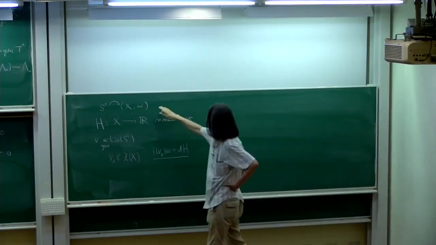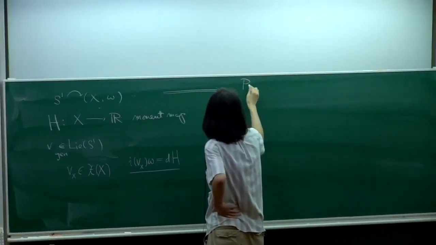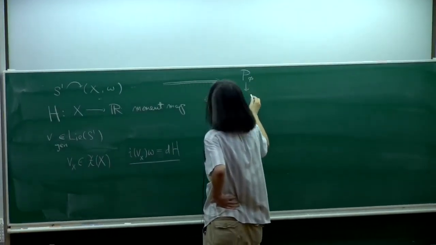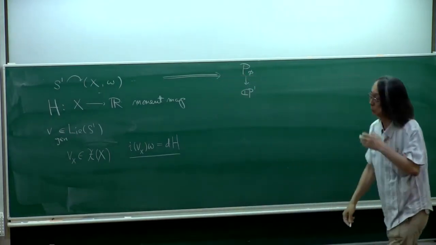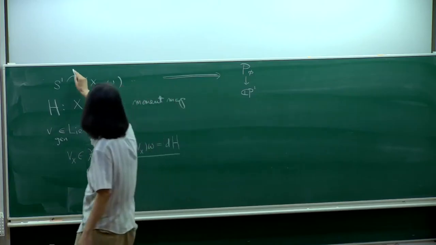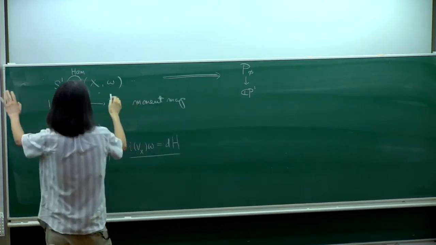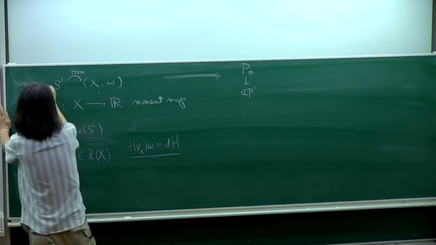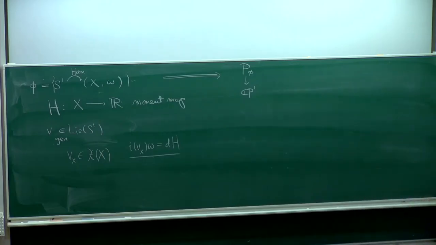So now from here we should get this P phi over S2, right? Because it is a Hamiltonian circle action. So this phi is now this Hamiltonian circle action.